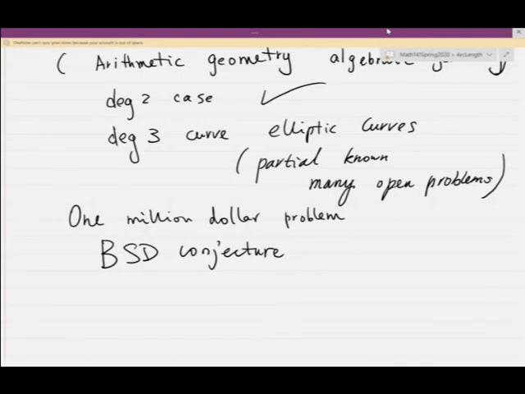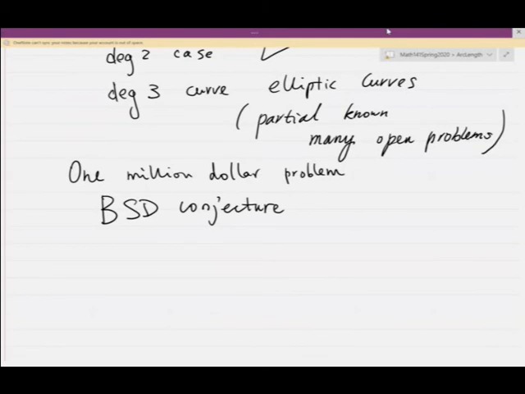The idea is the following. If I give you a solution, a point on the curve, you just plug it in and check. It's very easy. Now, if I ask you how to find a huge number of solutions, this turns out to be hard.